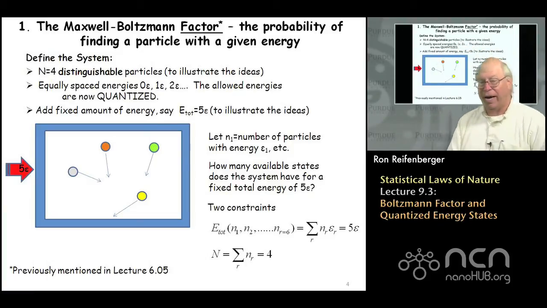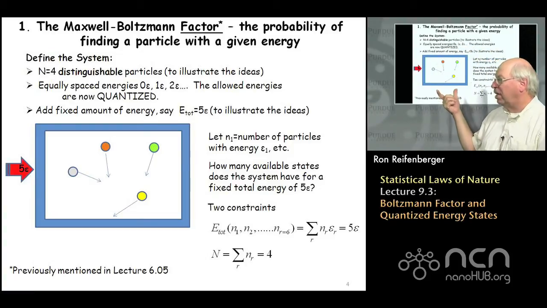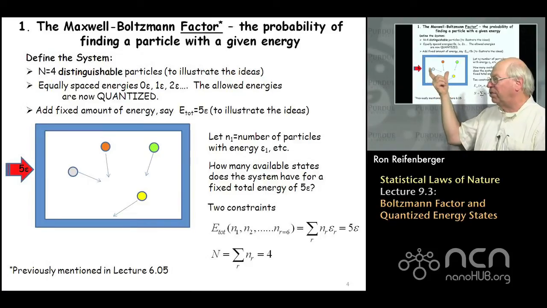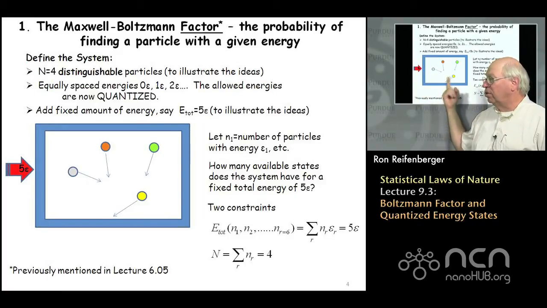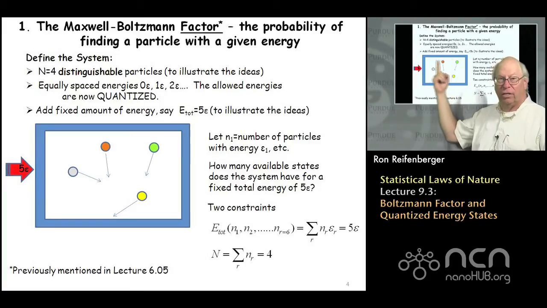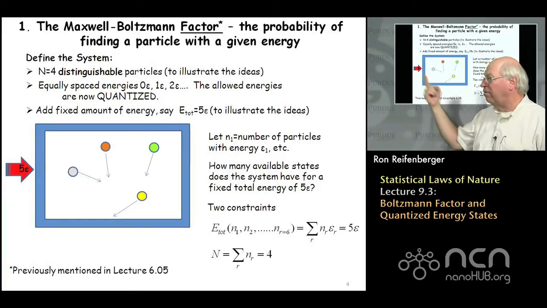And the other constraint that's part of this discussion is we're only going to allow a certain amount of energy to be distributed among these 4 particles. For the sake of discussion, we're just going to pick 5. 5 units of energy are going to be pumped into this system. So the collective total energy that all 4 particles have must equal this quantity 5 epsilon.